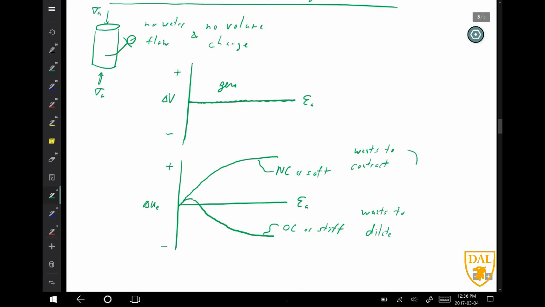So it has a tendency to want to change volume, but it just can't. Because all the water is locked in.